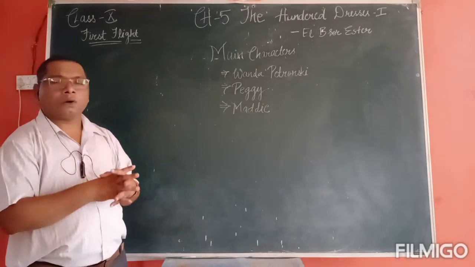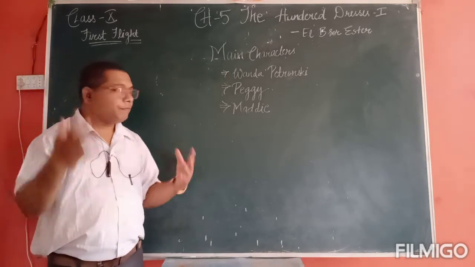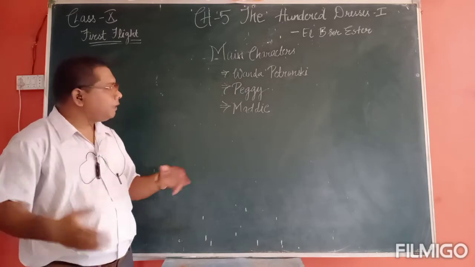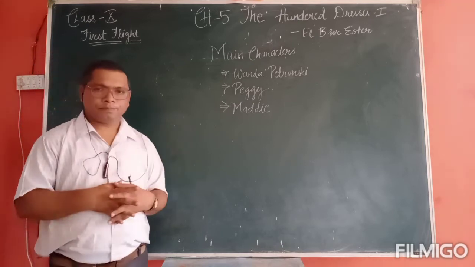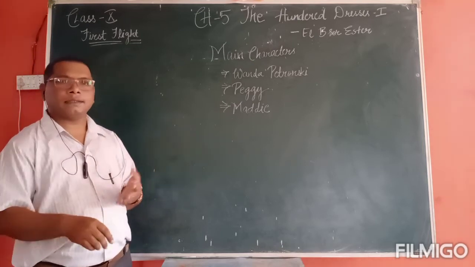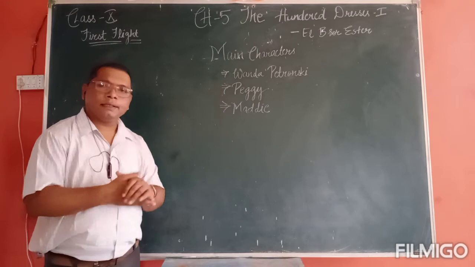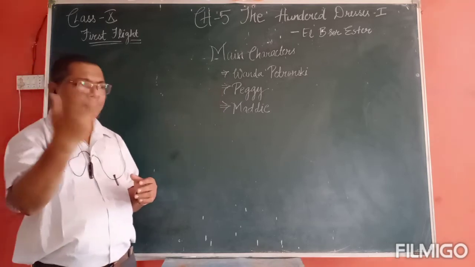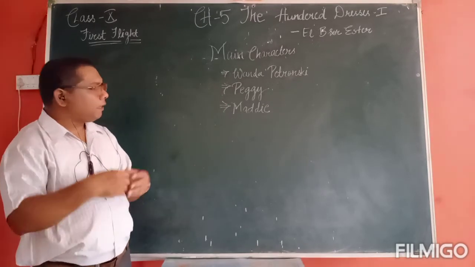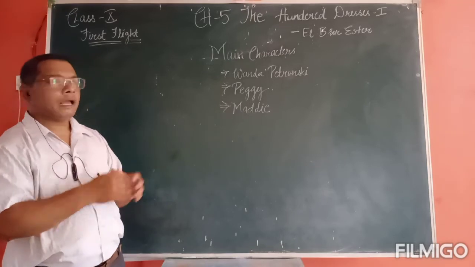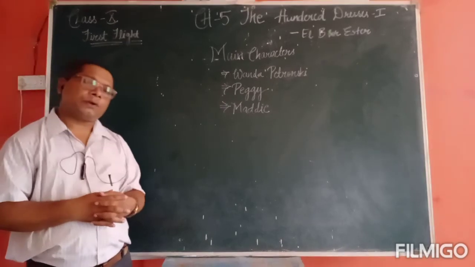The next day would be the result of the contest, and she believed Peggy would win the contest because she studied very well. In that way she forgot what to write, and the day came. Peggy and Maddie were traveling, a little bit of rain was there, and under Peggy's umbrella both of them went to the classroom, and they knew that Wanda Petronski was the winner of the drawing contest.